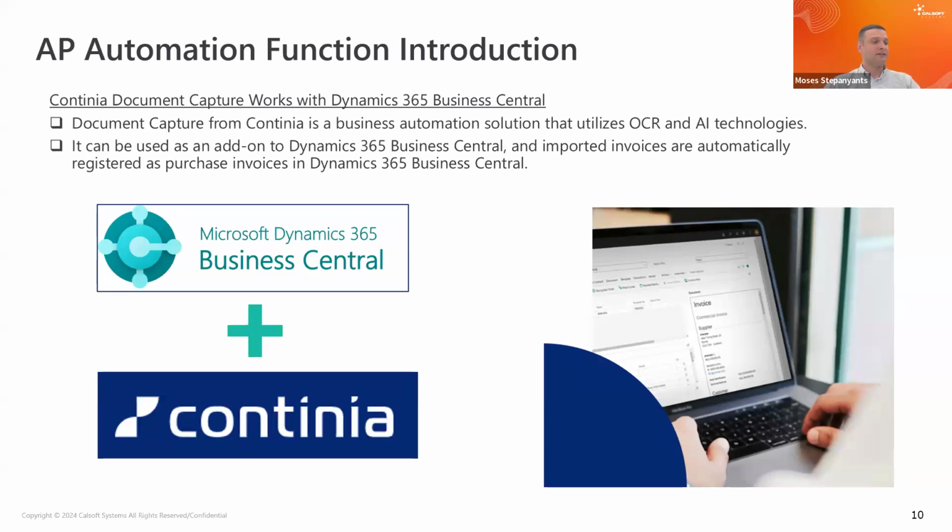It can be installed as an add-on application to a Business Central environment. It allows for importing invoices, orders, and many different kinds of documents that are then automatically registered as invoices or orders within a Business Central environment. This is what I'll be walking through and demoing today in this webinar. So let's move forward.